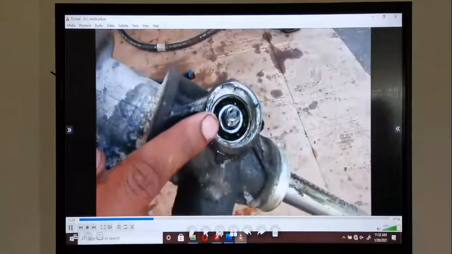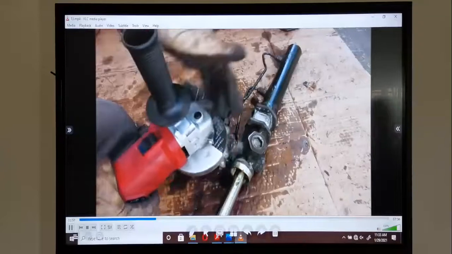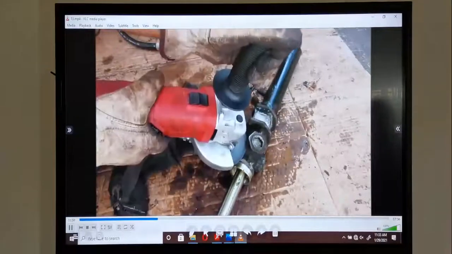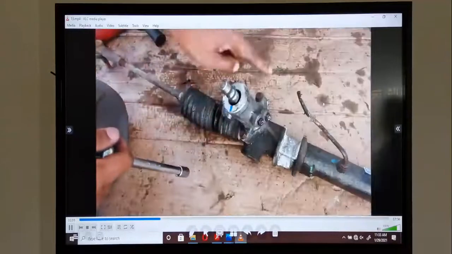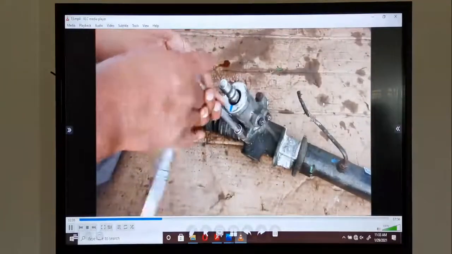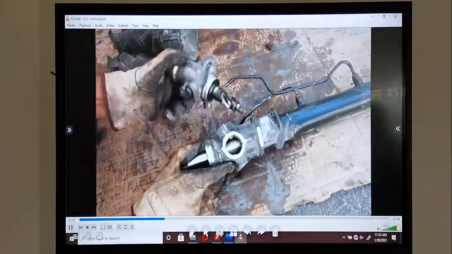He removed that. There's a bearing. You can see here, this is called the rack guide nut. He removed the rack guide nut, and now he removes and separates the control valve.